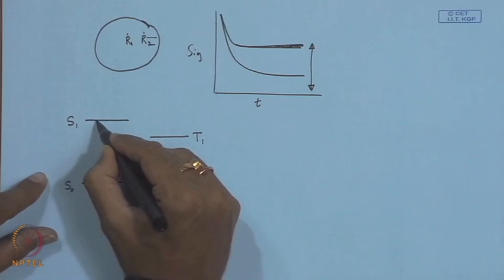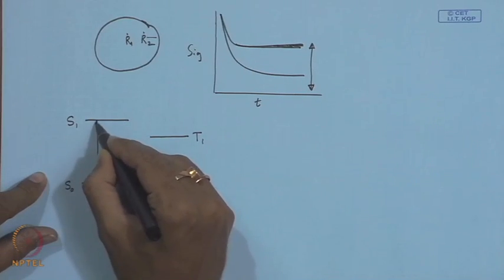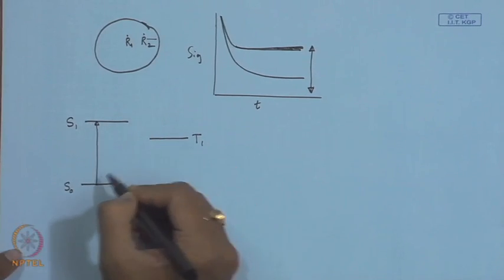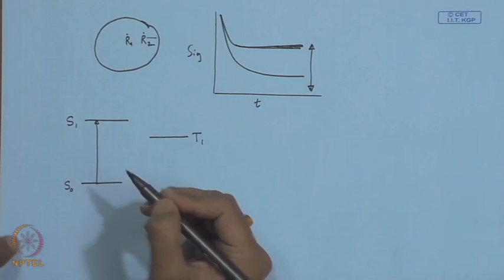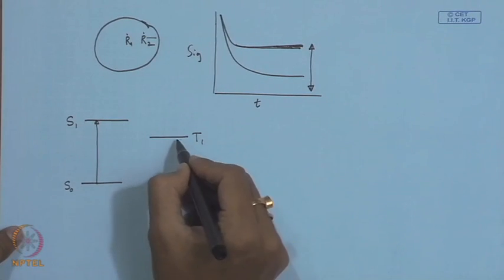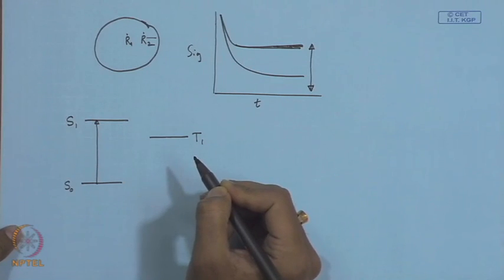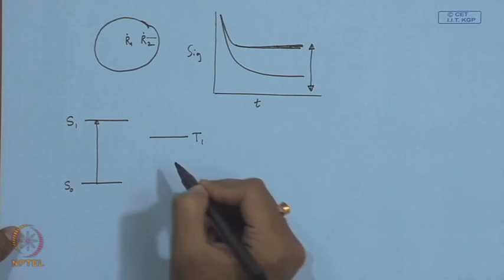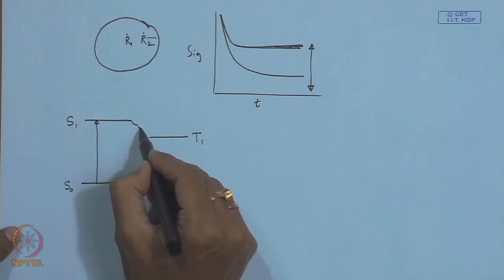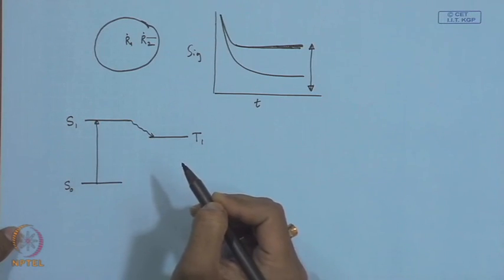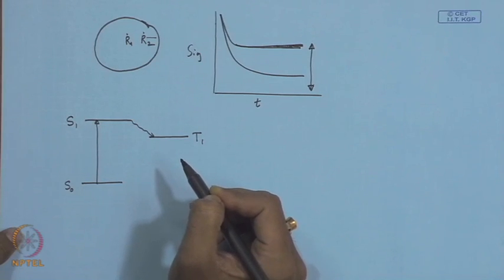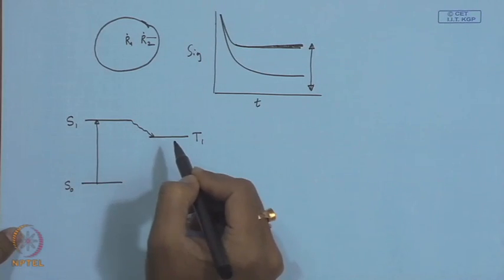When you shine light, it absorbs, goes to singlet, and then from singlet it moves to triplet depending on spin orbit coupling. When spin orbit coupling is high, the possibility of this transition is more.